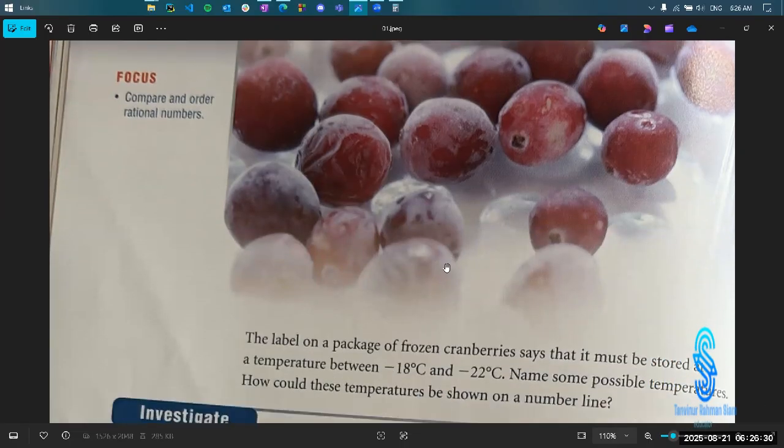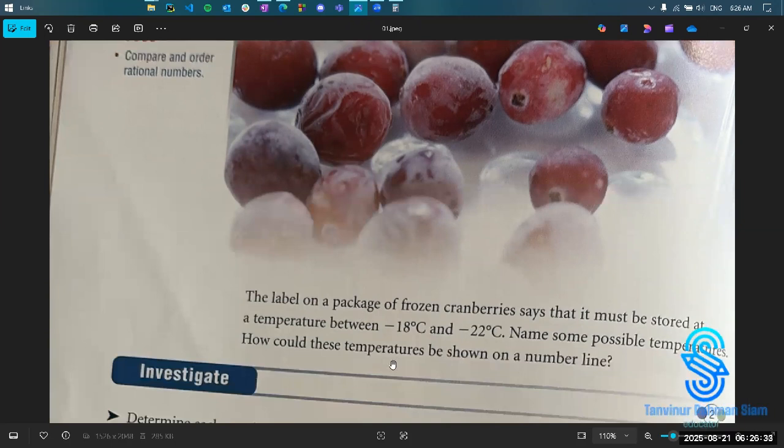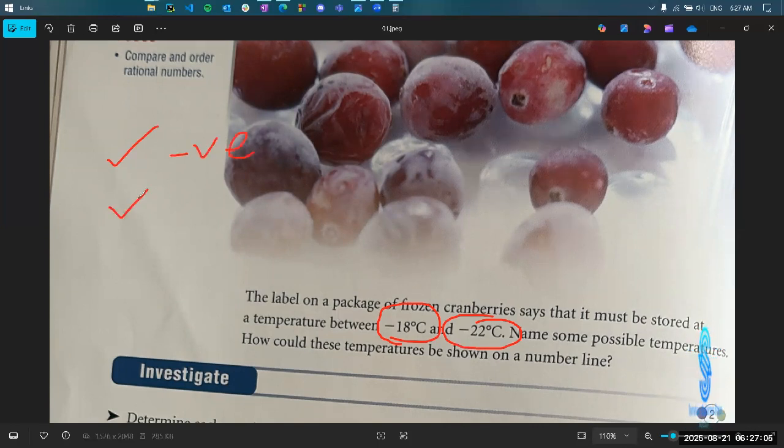The temperature they have provided must be between minus 18 degrees Celsius and minus 22 degrees Celsius. We know what the capital letter C means, right? Celsius. Both of them are negative numbers. First, we point down that both are negative numbers. Second, we can write them on a number line.